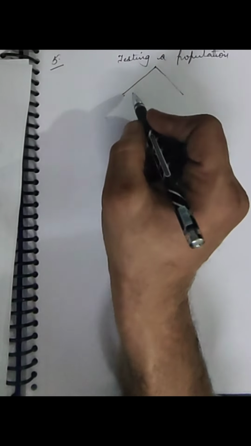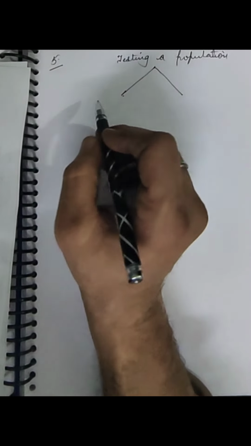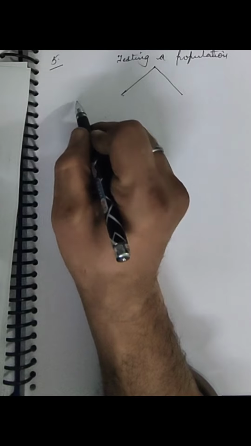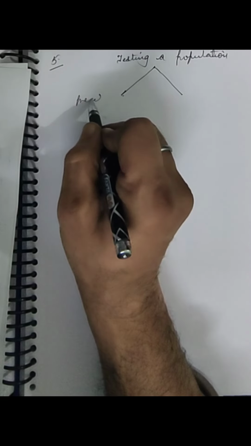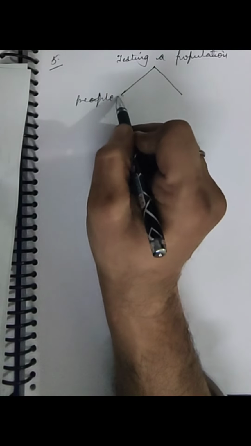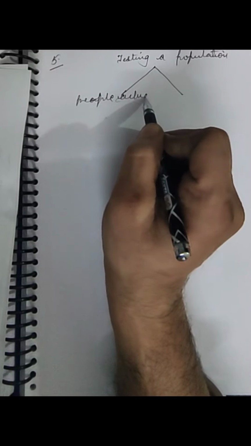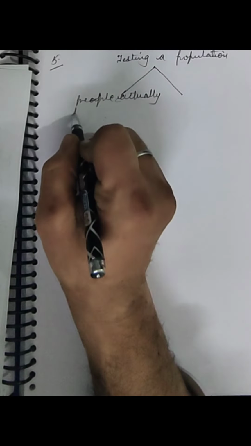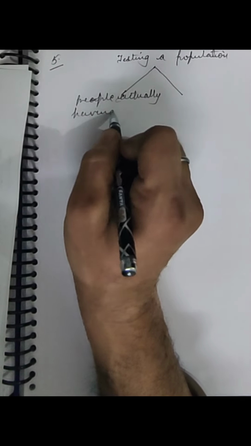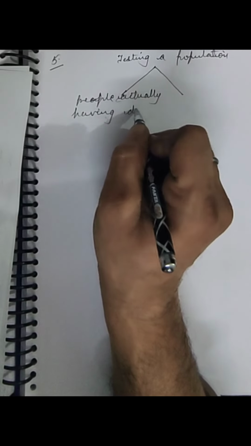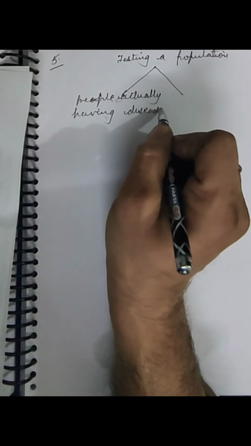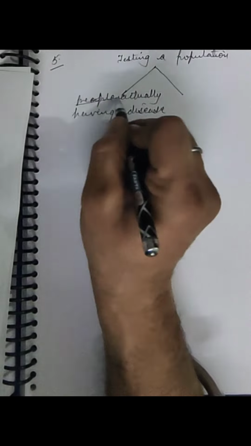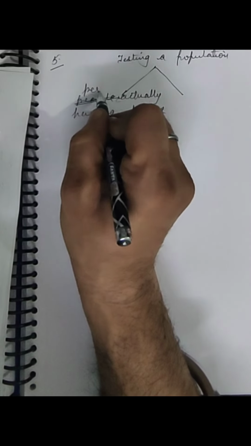So we have to write here two categories. These are clearly seen in the first statement only. People actually having disease, or you can make it more particular: in place of people you write person, so that this will match with the language given in this word problem.